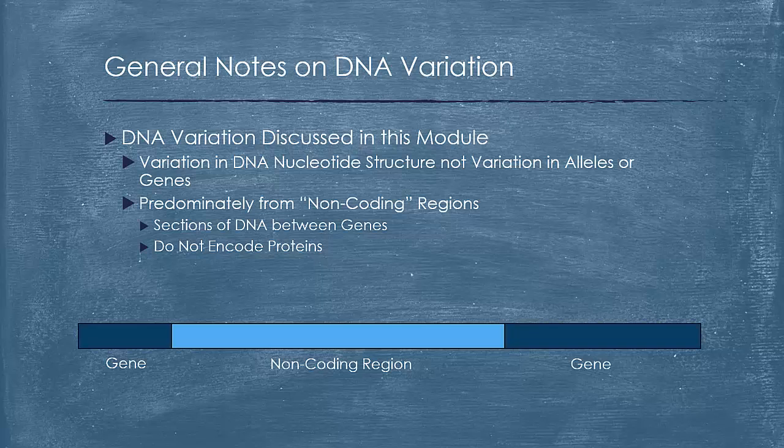These regions are sections of DNA between genes that do not encode for proteins. Likely that non-coding concept will be rejected in the future, as there is research suggesting that these regions do play a significant, albeit indirect, role in coding.